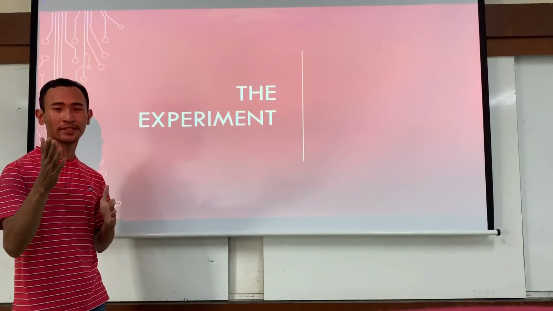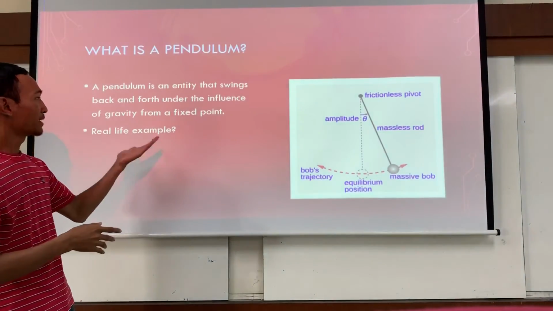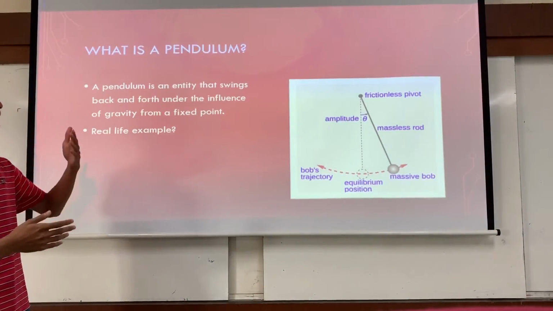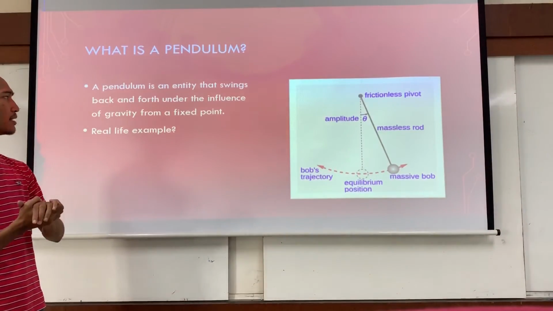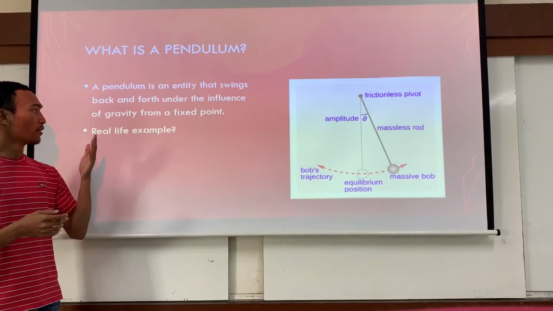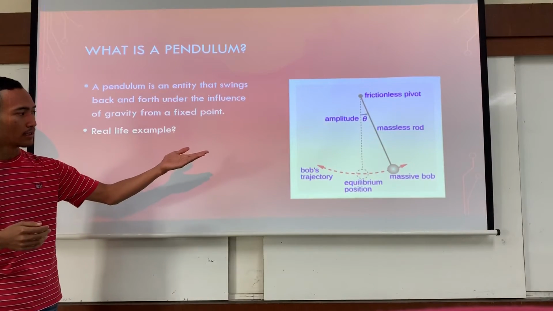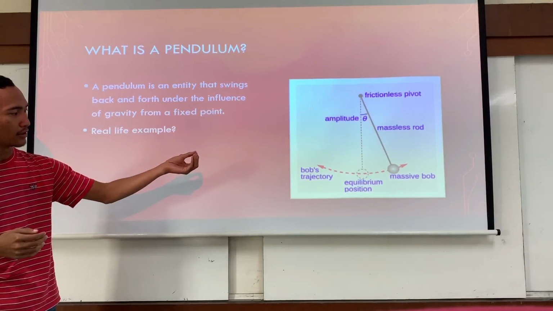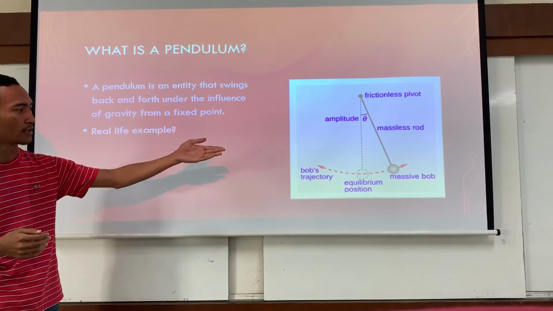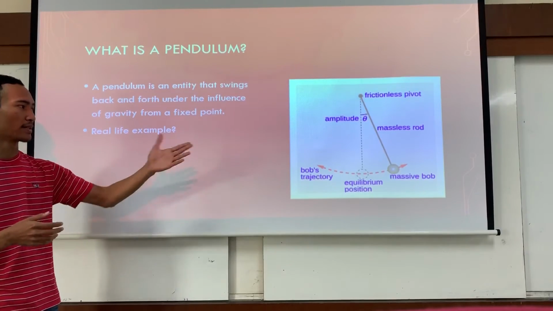Next, the experiment. What experiment have we done? The experiment involves a pendulum. What is a pendulum? A pendulum is an entity that swings back and forth under the influence of gravity from a fixed point to another point, hanging by a length of rope or massless rod.